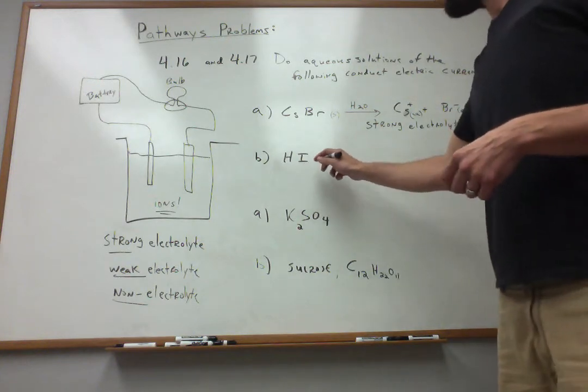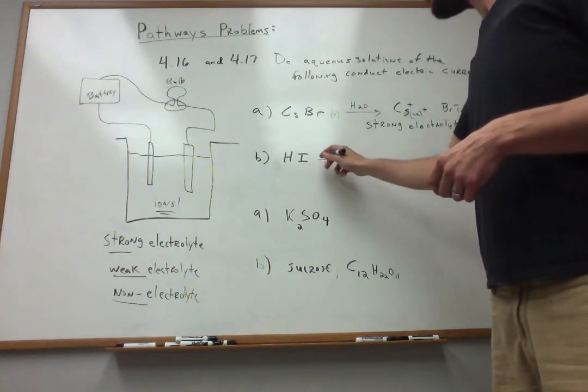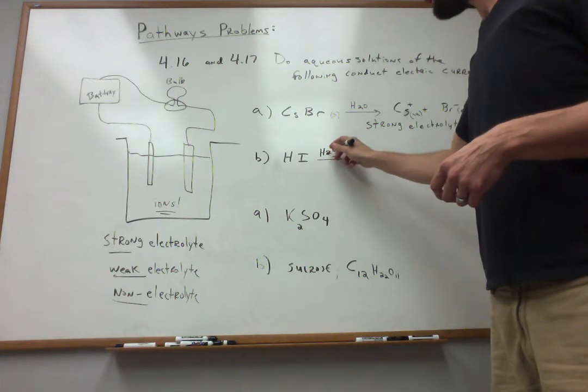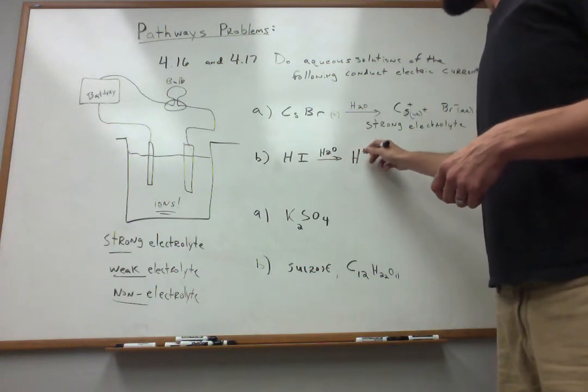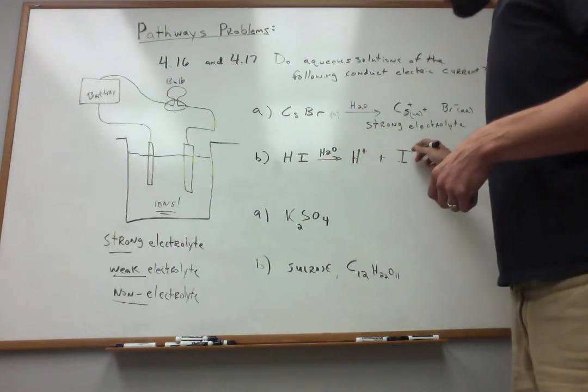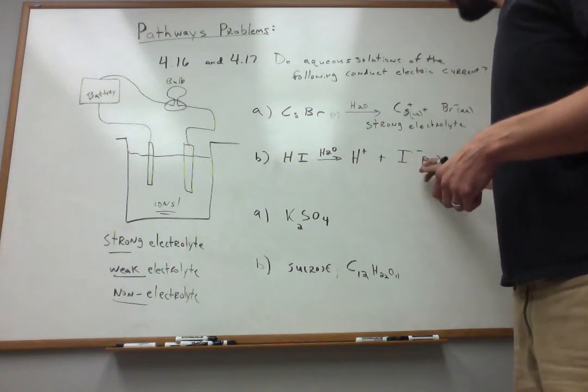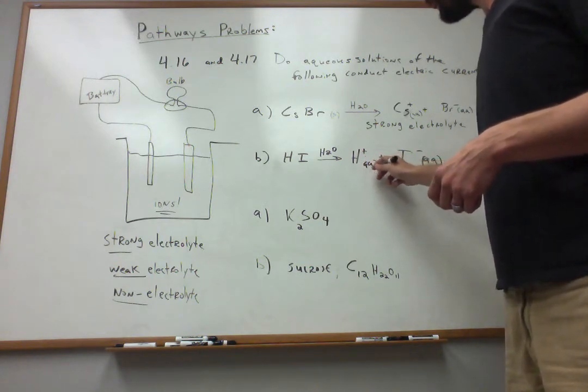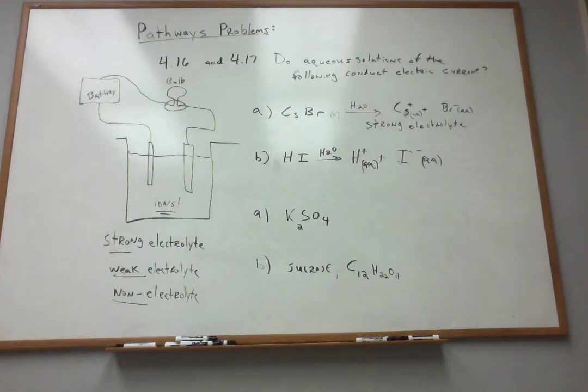Now the next one is HI. If I put that in water, I make these ions. You may remember that HI is on our list of strong acids. So if I bubble that through water, I make hydroiodic acid. I'm going to make ions.